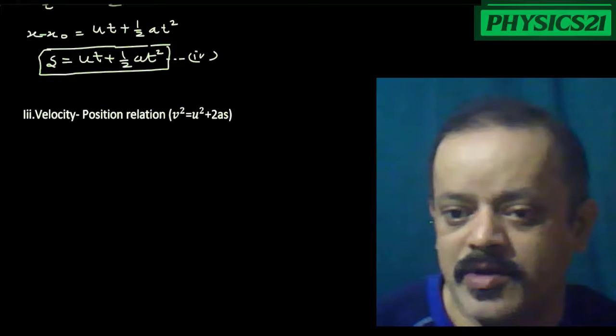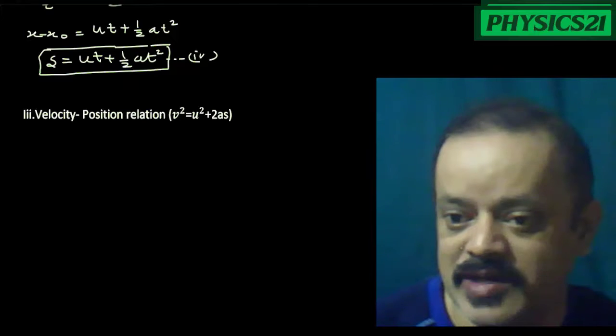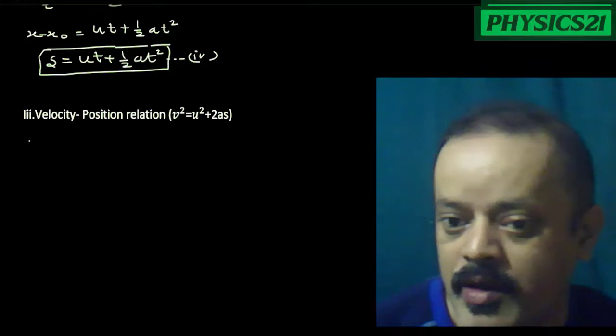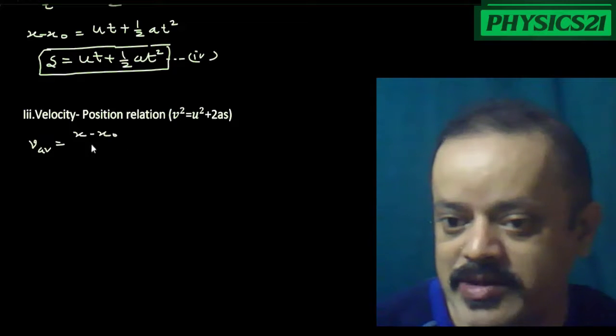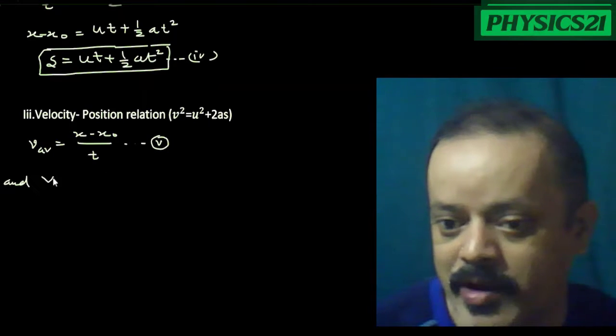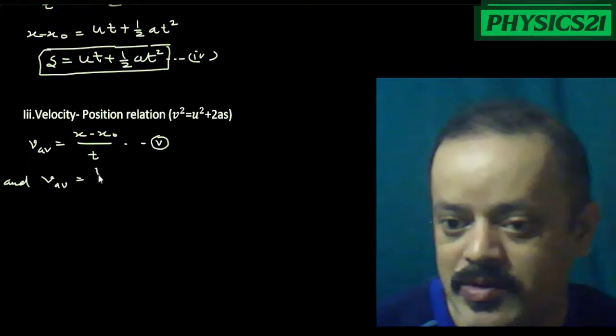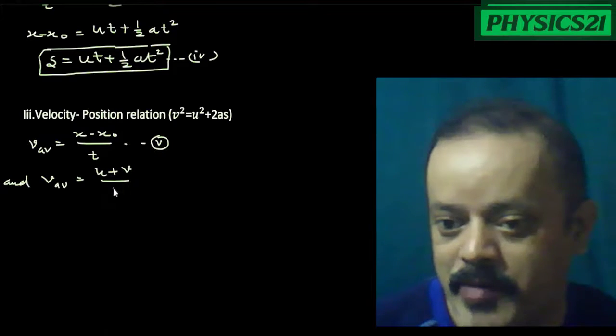Now the derivation of the third equation of motion, which is known as velocity position relation and given by v square equals u square plus 2as. The initial steps are very similar to those we used in the second equation. Average velocity equals x minus x naught divided by t. Let this be equation 5, and it is also given by v_av equals u plus v divided by 2.